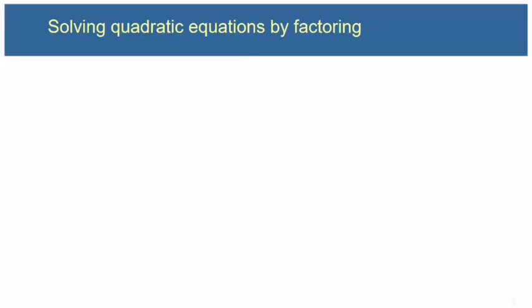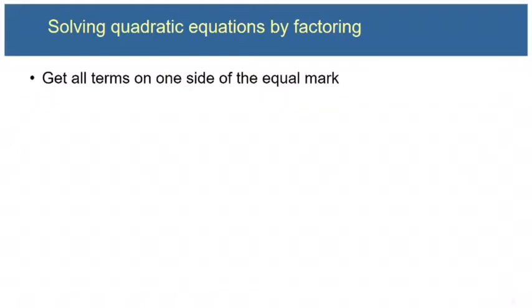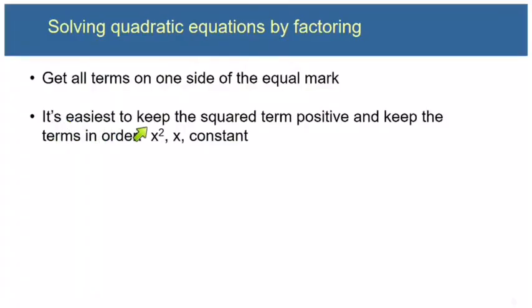Now here is the process you will use to solve quadratic equations by factoring using the zero factor property. First, you'll want to get all your terms on one side of the equal mark. It's easiest to keep the squared term positive and keep the terms in order. So you'll want to have the x squared term come first, and you'll want it to be positive, then the x term, then the constant, and then the right side should say equals 0.